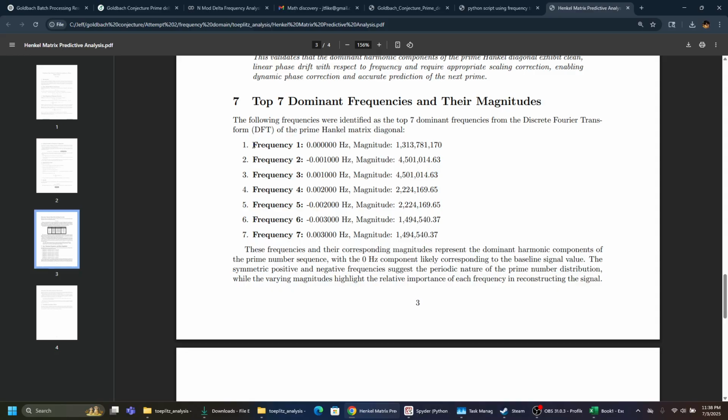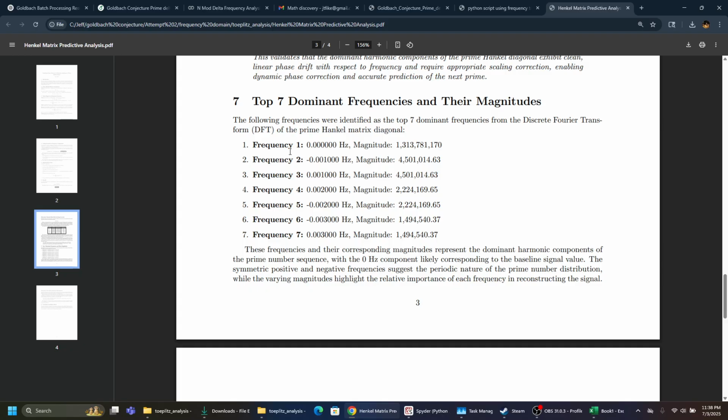And then right here are the 7 frequencies. Now the magnitude you see here was from the empirical 1000 by 1000 matrix. I picked a matrix that started at the number 5000. So we just picked something at 5000, and then we made a 1000 by 1000 matrix from there. I had a list of known primes up to 5 million, so I could do this experiment.